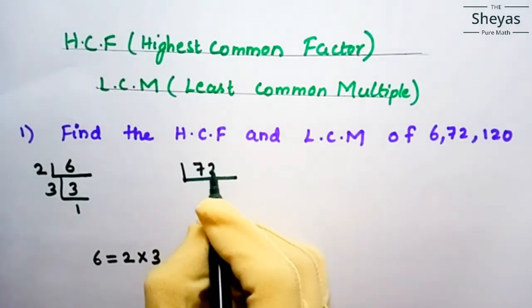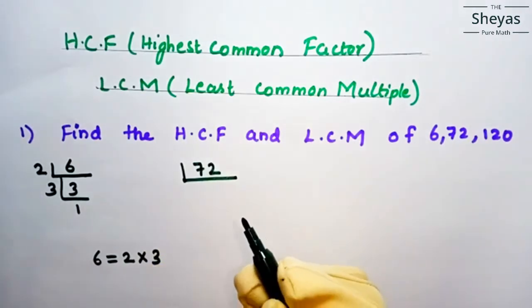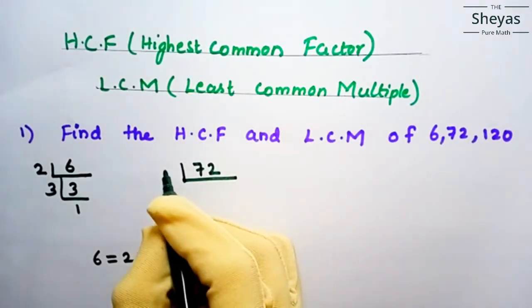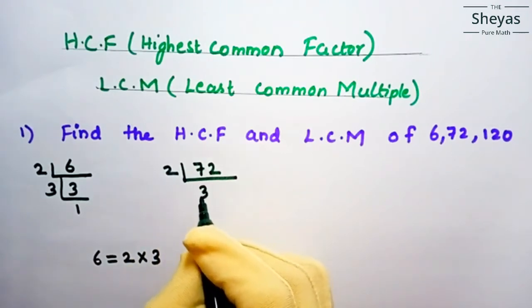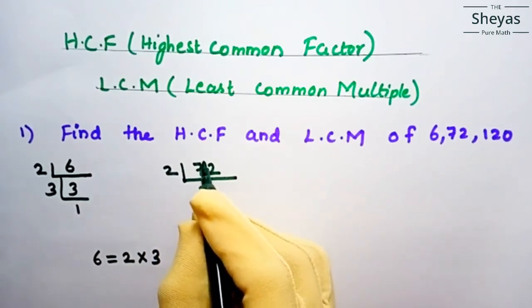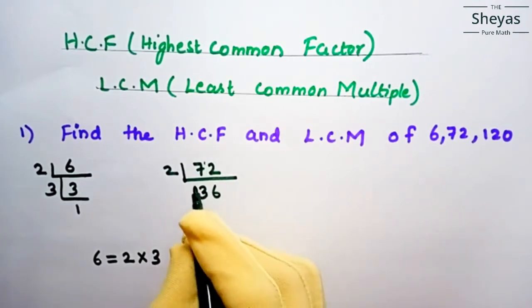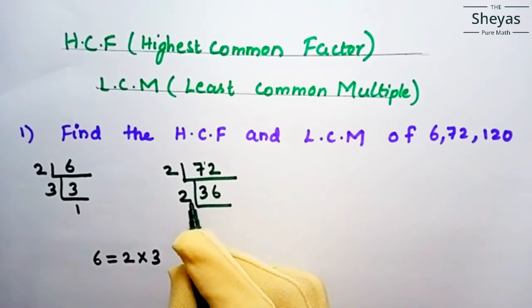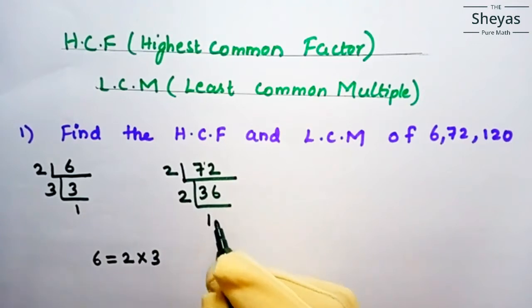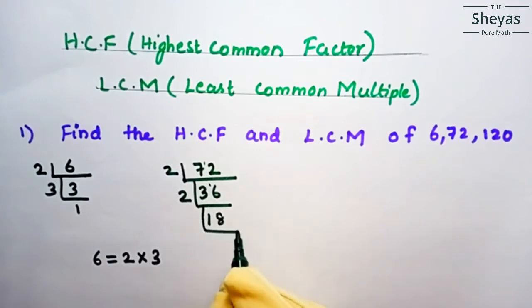72. Now let us find the prime factors of 72. Let's start with 2. 3 2s are 6 and remaining 1, so 12. 6 2s are 12. Then again with 2. 1 2s are 2, remaining 1, so 16. 8 2s are 16. Then again with 2. 9 2s are 18.